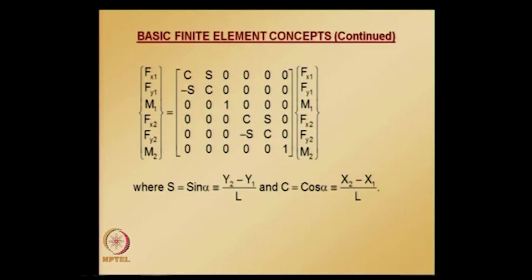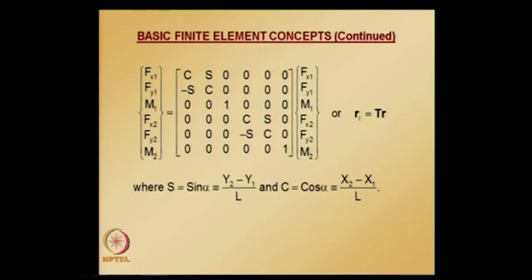And this transformation matrix can be obtained by noting that only forces get transformed, moments are not going to get transformed between the coordinate systems, and the transformation for forces is similar to what we adopted for axial deformation elements.